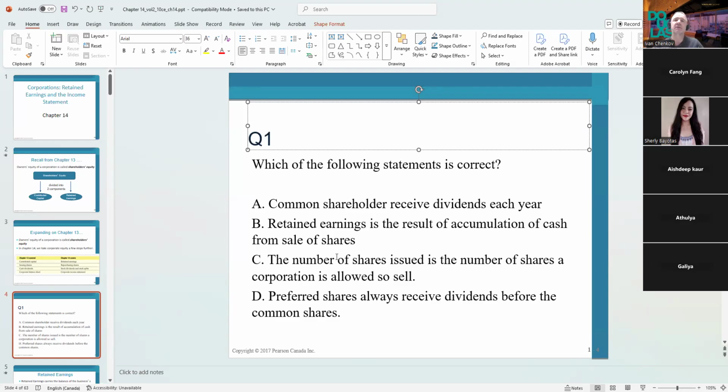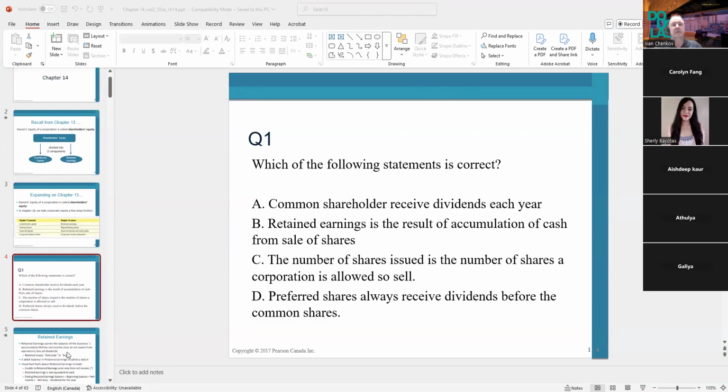First option, common shareholders receive dividends each year. Is that true? No. Okay, great. Second one, retained earnings is a result of accumulation of the cash from sales of shares. Is that true? No. Then, the number of the shares issued is the number of the shares the corporation is allowed to sell. That also doesn't look right. So the logical choice will be letter D.